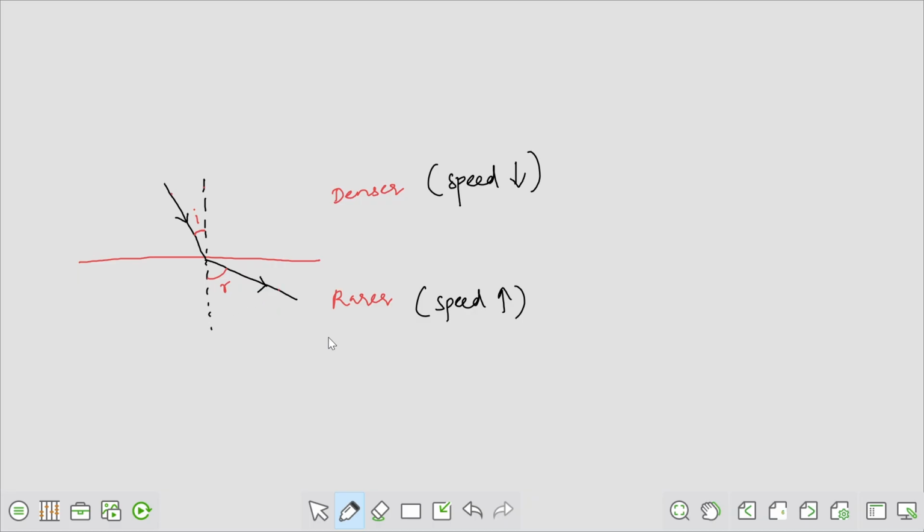Can you tell me what will be the relation between I and R when it is entering from a denser to a rarer medium? The angle of incidence will be less than the angle of refraction. These are the two points that you should remember. Rarer to denser, angle I is greater than angle R. Denser to rarer, angle I is less than angle R. What will happen to the ray of light in the first case?